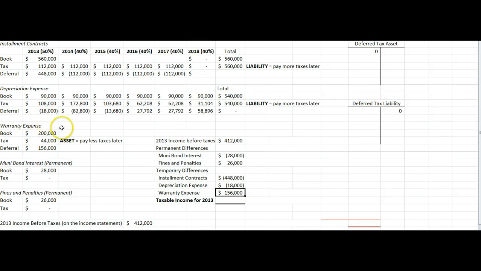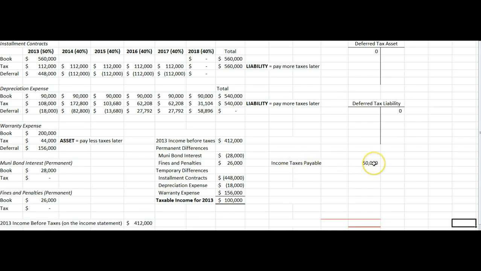We booked $200,000 on our income statement, but only $44,000 on our tax return. So we have $156,000 worth of deductions we can use in the future to reduce our income tax bill. So that means our taxable income for 2013 is $100,000.